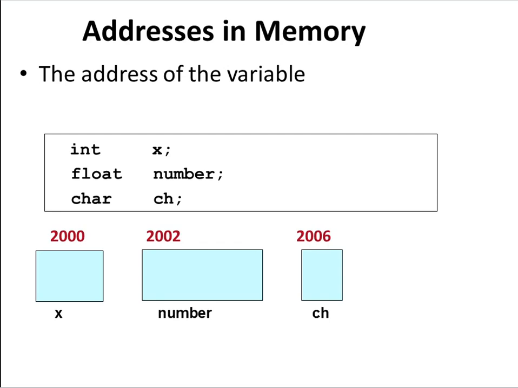These addresses are hexadecimal numbers 2000, 2002, 2006 as per the type of the variable. Integer requires 2 bytes, float requires 4 bytes, character requires 1 byte. Based upon the type of variable, memory is allocated in computer memory.